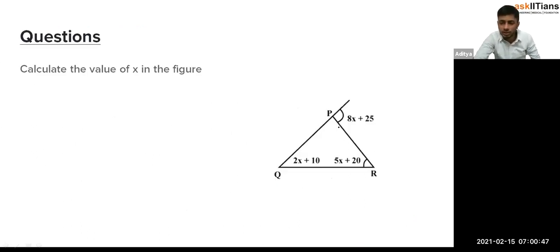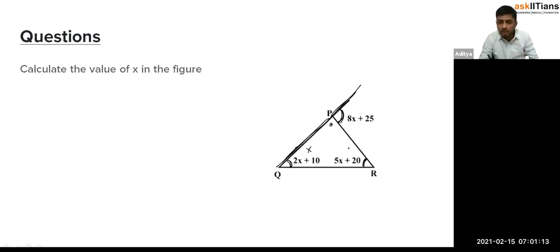The question is, given in the figure, we have to calculate the value of x here. So look, this particular side of the triangle has been extended, right? So this exterior angle so generated would be equal to the sum of opposite interior angles. This is obviously the adjacent interior angle.